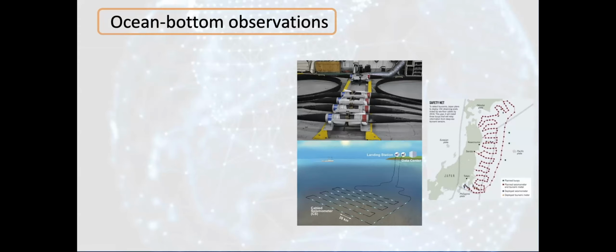In Japan, they have probably the largest ocean bottom observatory in the world. It's hundreds, maybe, I don't know how many, but a lot of ocean bottom seismometers, which you can see here. It's called S-net. But before S-net was created, they were developing this cabled ocean bottom sensor. So basically you have a landing station and several ocean bottom seismometers that are connected through these cables.